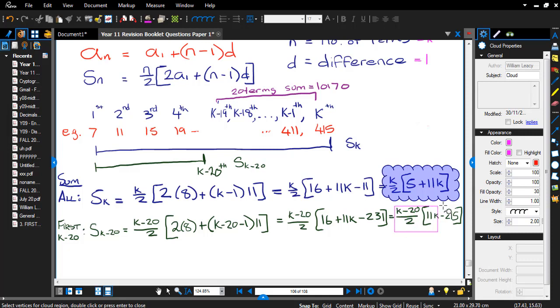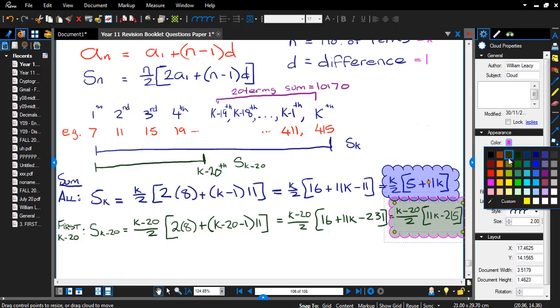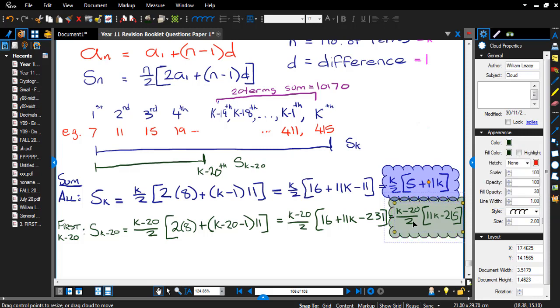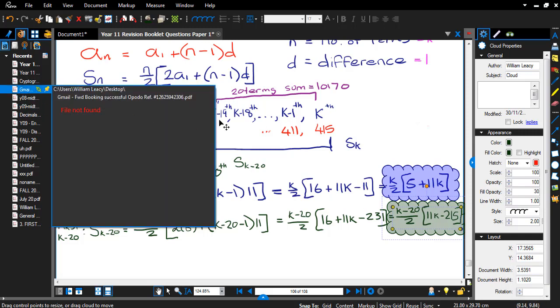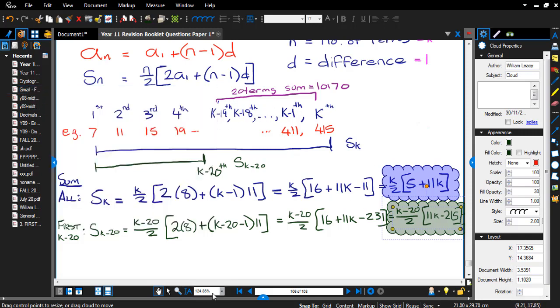So now we have an expression for the sum of the first k minus 20 terms, and we have an expression for the sum of all the terms. So if we take the sum of the first k minus 20 terms away from the sum of all the terms, we'll have an expression for the sum of the last 20 terms.